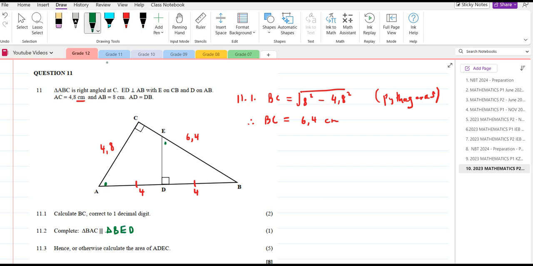Hence or otherwise, calculate the area of ADEC. To calculate the area of ADEC, we're going to use subtraction of areas. We're going to take the area of the entire big triangle minus the area of the second triangle.